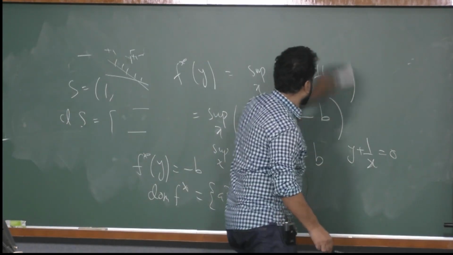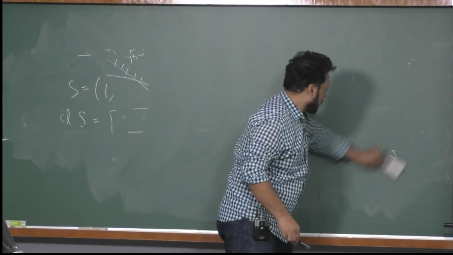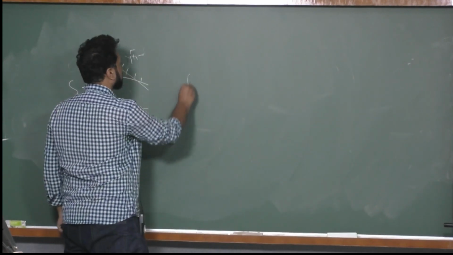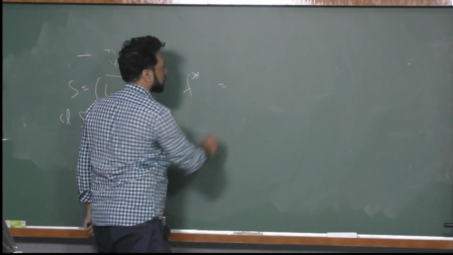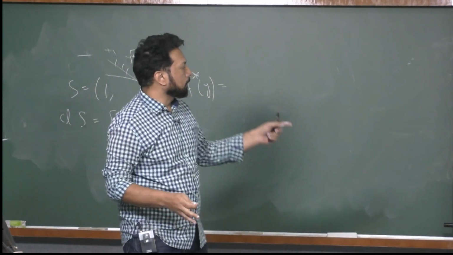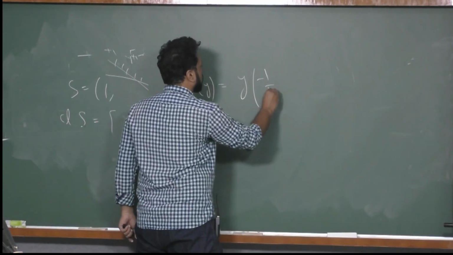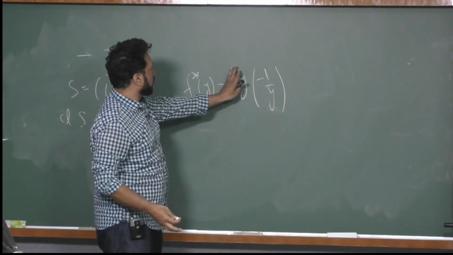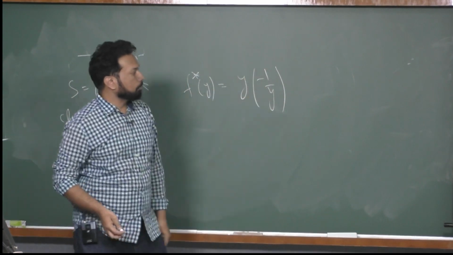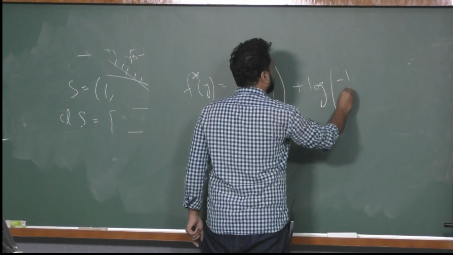So let me do this quickly. Right now what we found is where the supremum is achieved, and then we have to write down the f star in terms of y. So wherever I have x, I put y times minus 1 over y. So this is where the supremum is achieved. Then I remove the supremum because I know where it is achieved, plus log of minus 1 over y.